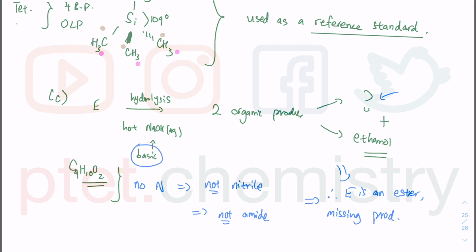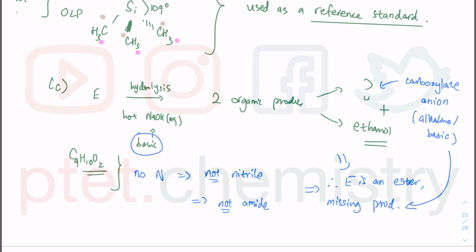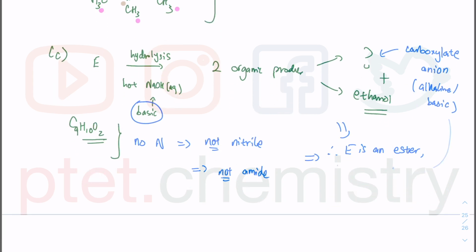So this must be carboxylate anion, because you have just done base hydrolysis, so you don't get the carboxylic acid. Okay, what else do they want? They want name the functional group E. Well, I've just done that, so that all points to E is an ester functional group. Name the functional group, not name the compound. All right.